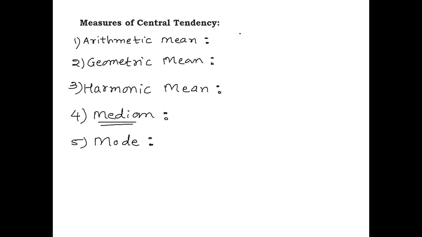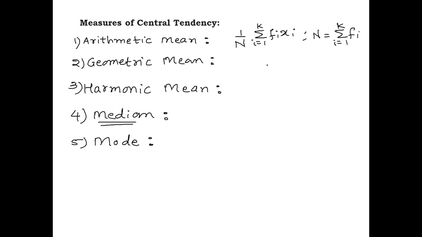In case of grouped data, the formula will be summation xi, the observation, multiplied with fi, the frequency, summed over all the k classes, and that is to be divided by capital N. Capital N is equal to the sum of all the frequencies of the classes, i from 1 to k.